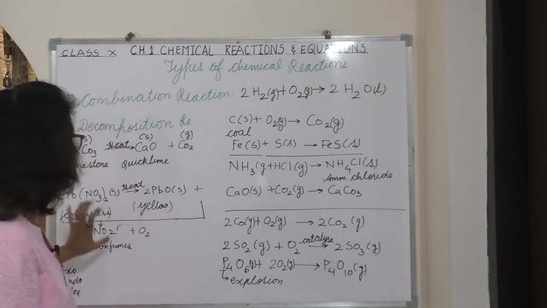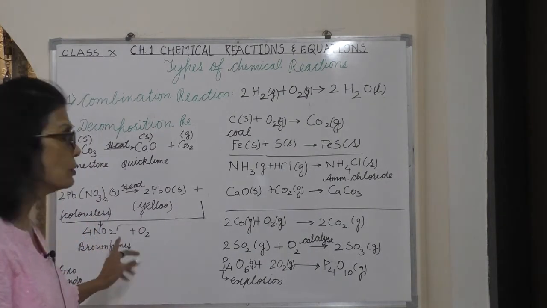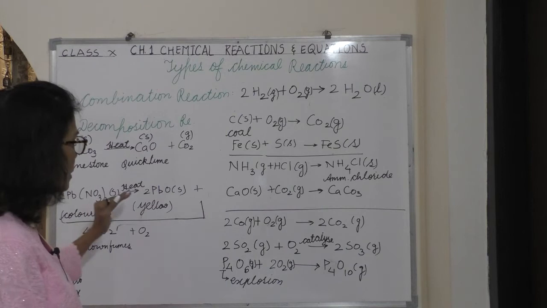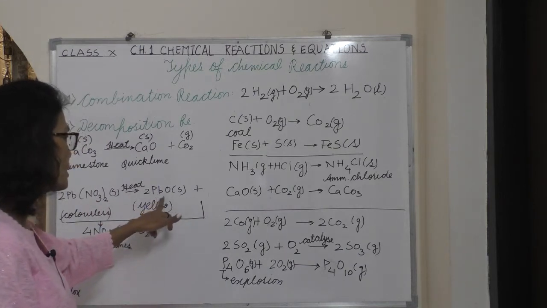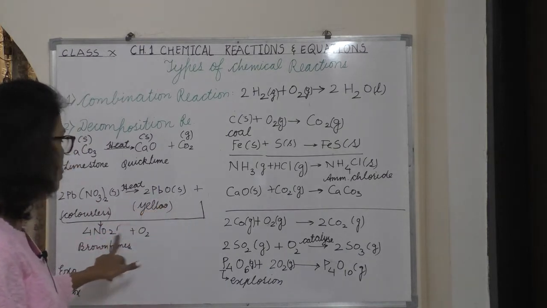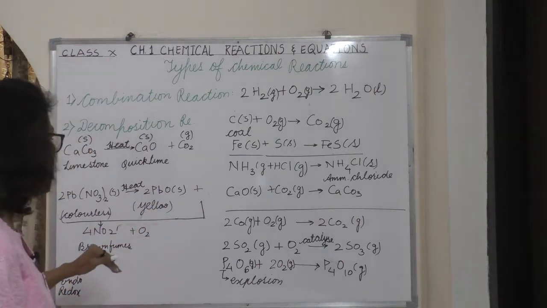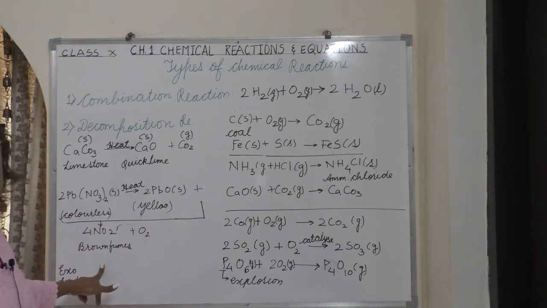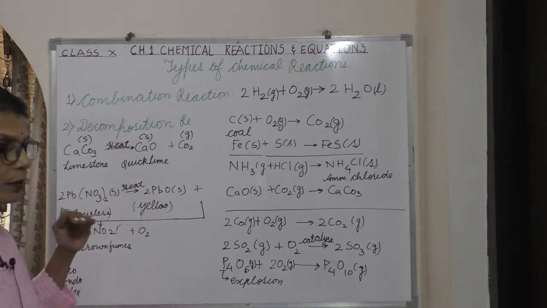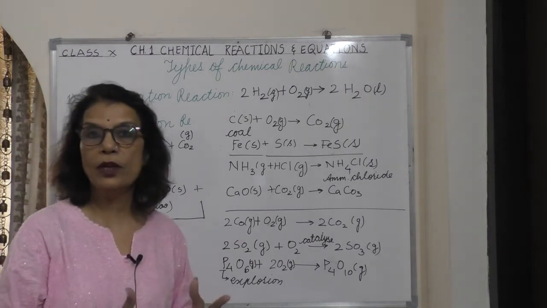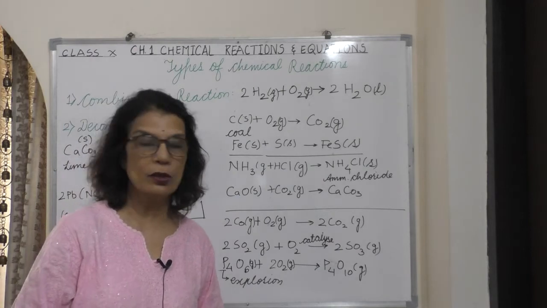The lead nitrate is a colorless solution or mixture. On heating you will get the products: PbO, NO2 and O2. The PbO will be yellow in color, NO2 will be brown colored. So here you can observe the changes in color also.